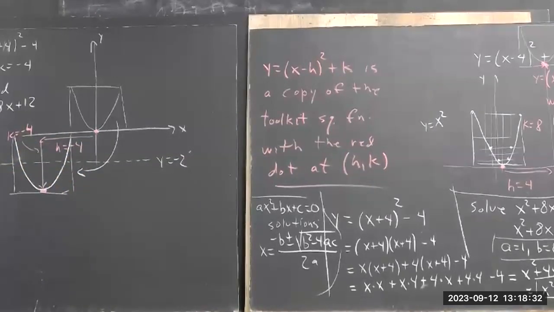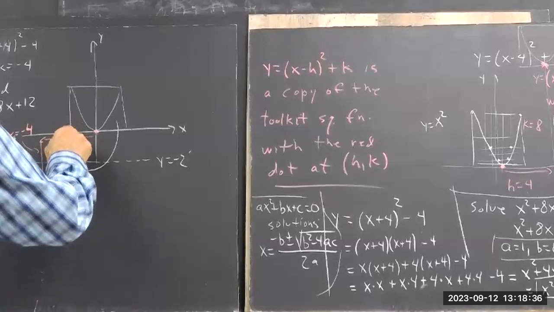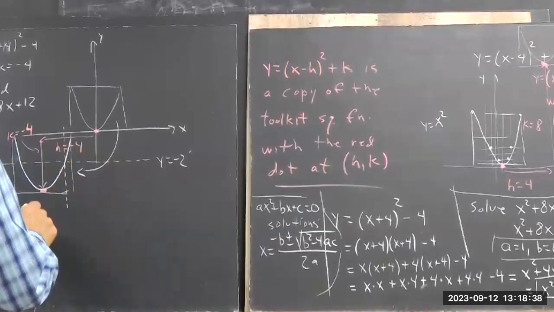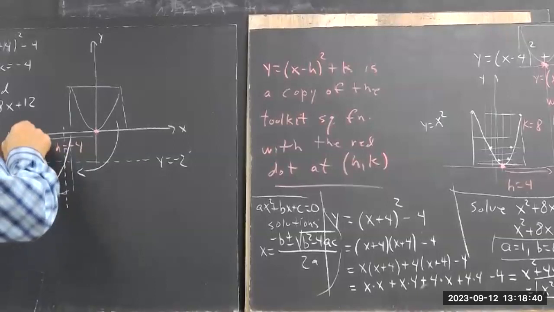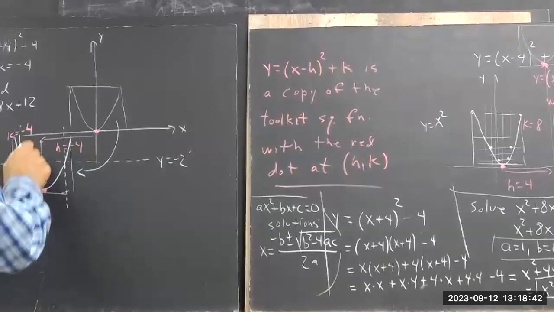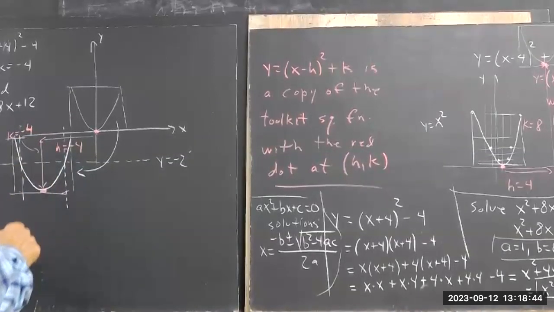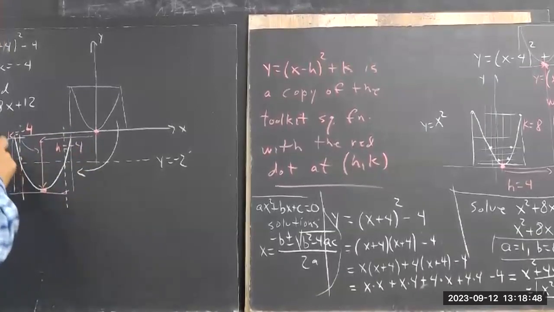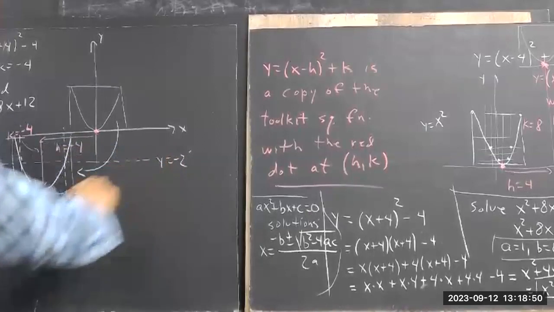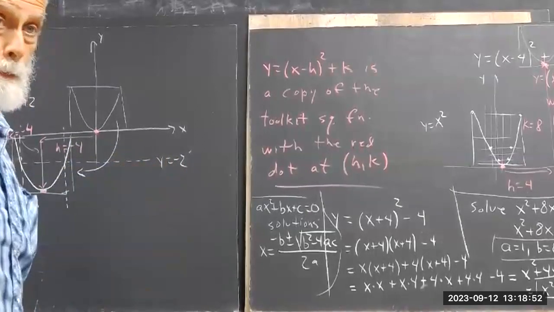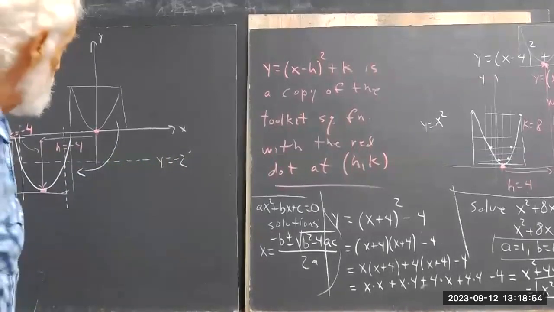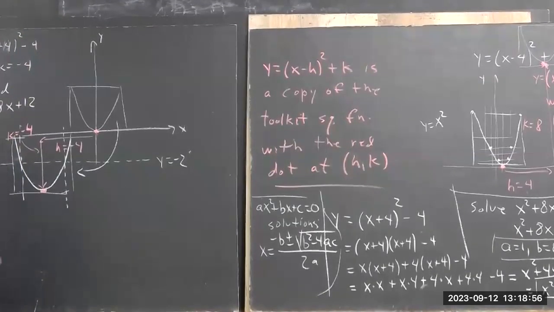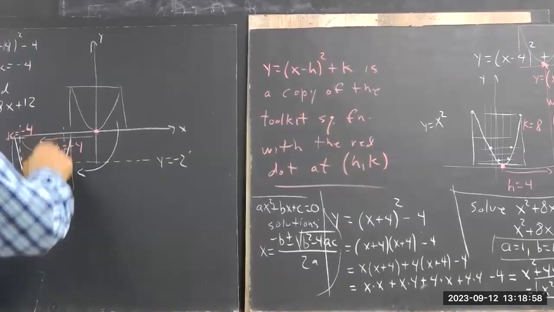And we can estimate the coordinates where this parabola gives you a value of -2. How do we estimate it? Well, we can go out the line here.